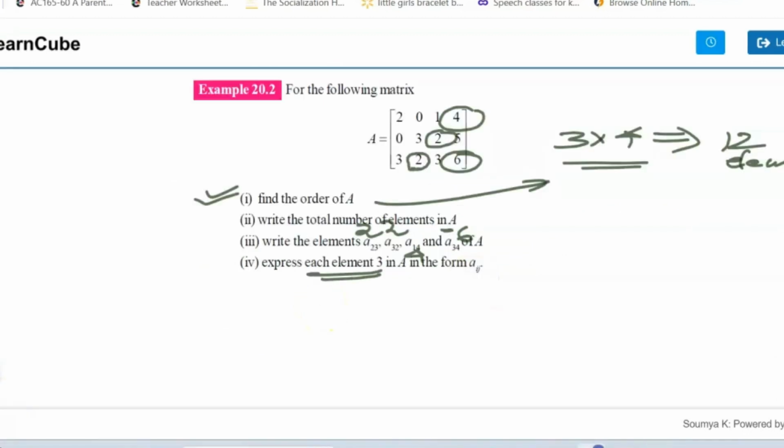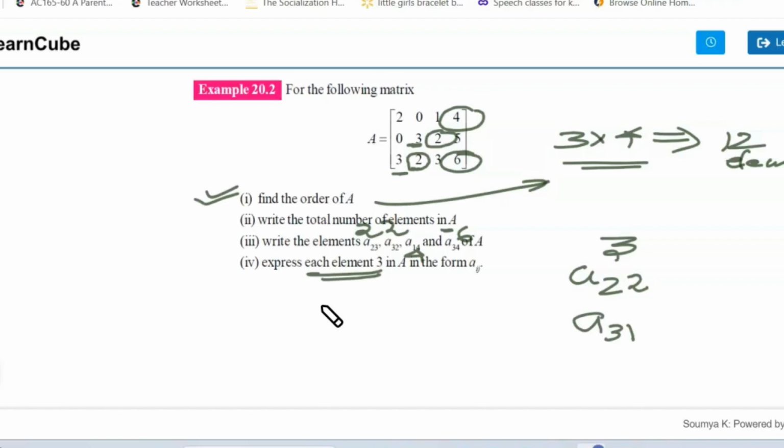In this one, element 3, you have to represent this in this form. You can see here the value 3 is used 3 times in your matrix. If you go for that, the first 3 comes in the second row, second element, A22. Then this element is 3, which lies in the third row, first column, A31.